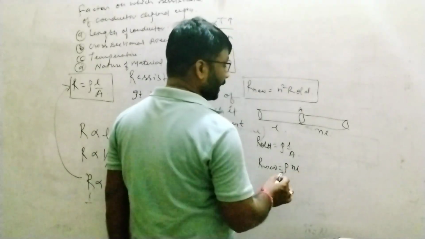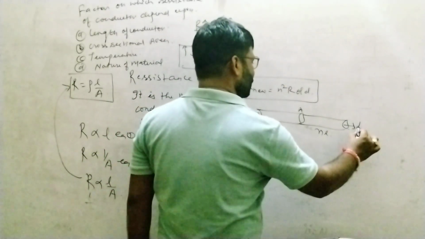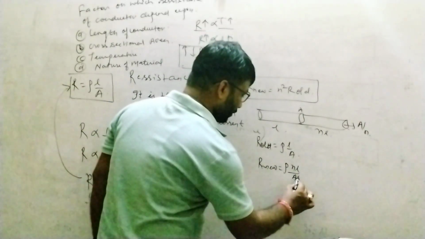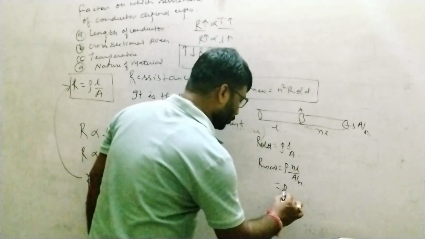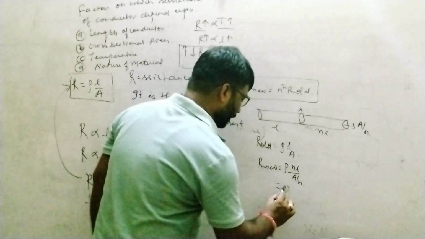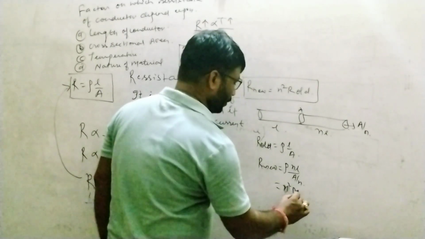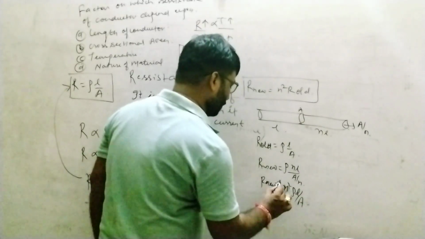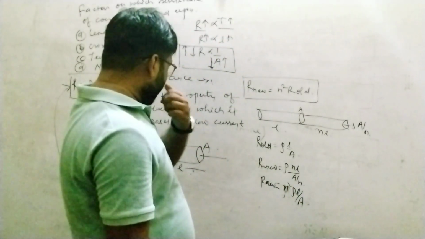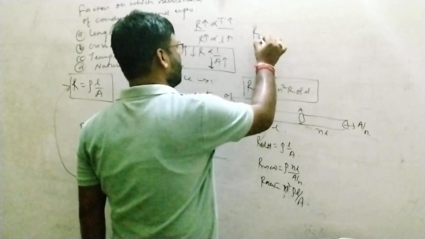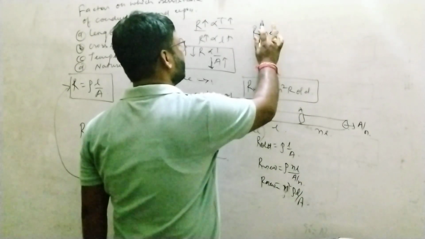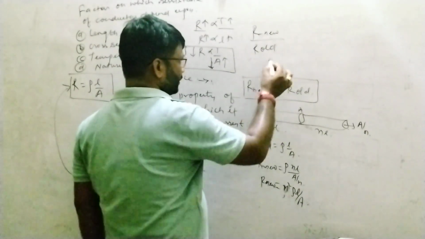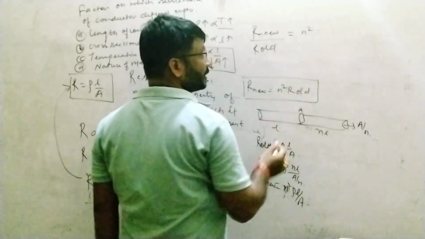So L will become N times L, and its cross sectional area is going to be decreased to A by N. So you will get here N square into rho L by A. If you divide this R new by R old, you will get N square.